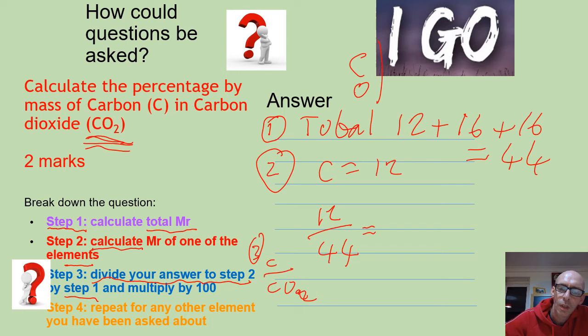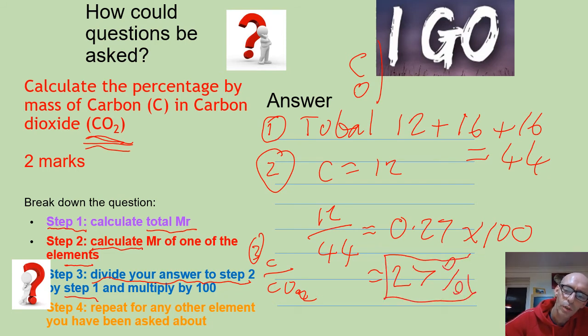Equals 0.27. Then times that by 100 to turn it into a percentage, equals 27%. So what I know is in CO2, 27% of it is carbon. That means 73%, all the rest out of 100, must be oxygen.